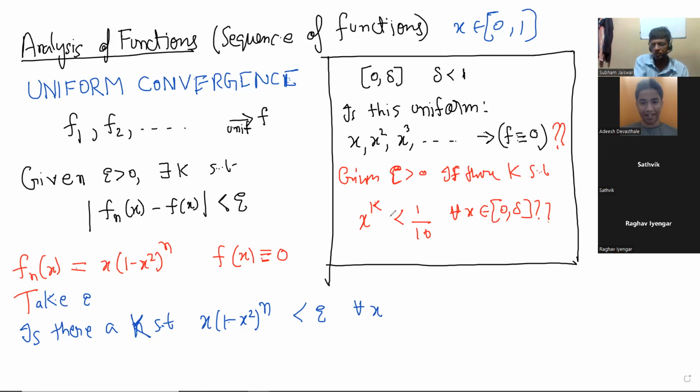But x is always less than or equal to delta. Okay, so suppose k is the answer. Assume that k is the minimum. Okay, no, maybe minimum won't work.